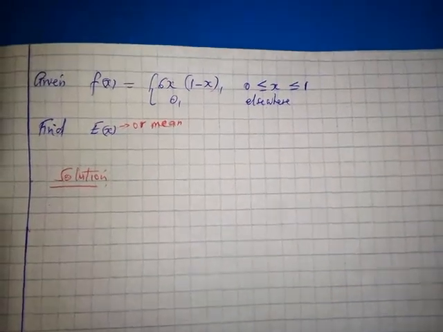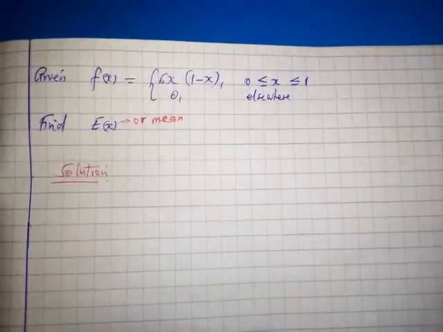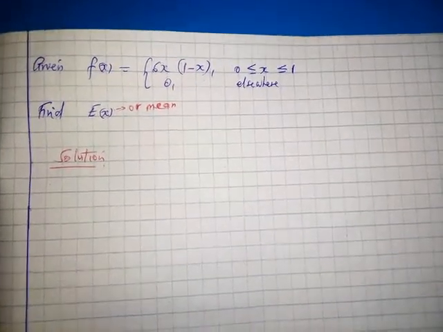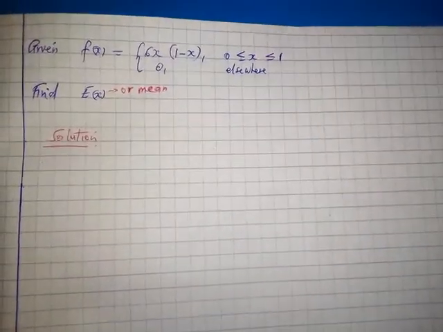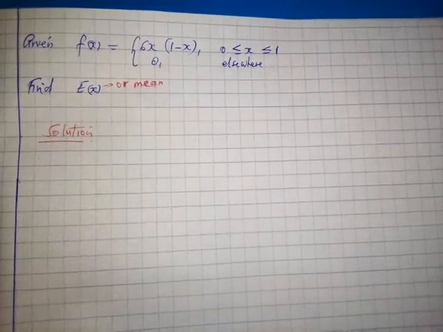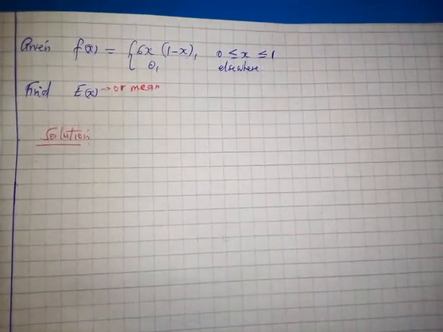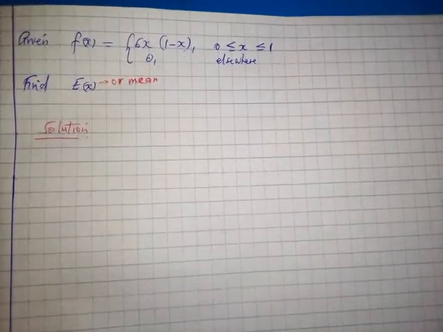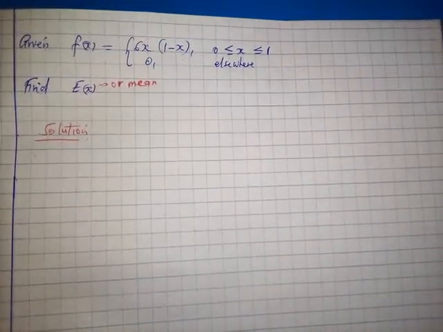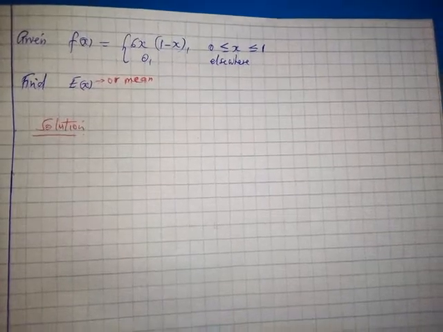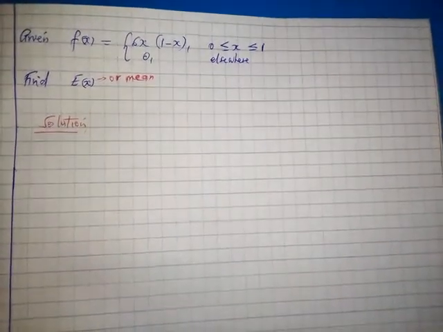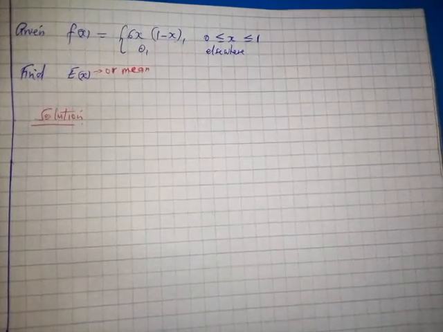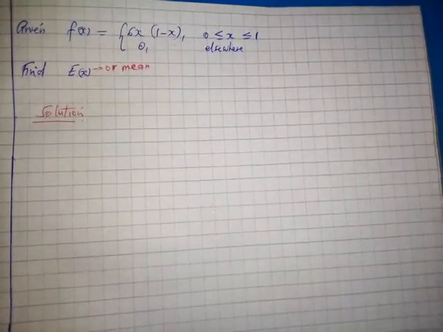So in probability and statistics, some students normally get stuck since they're confused about which one to use. They cannot distinguish whether it is a discrete random variable or a continuous random variable.